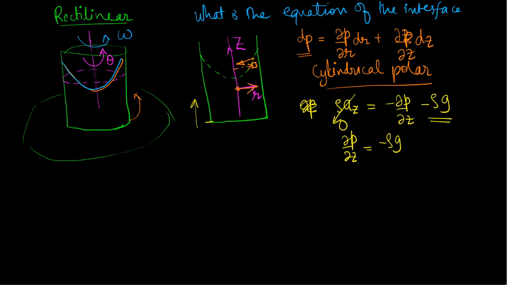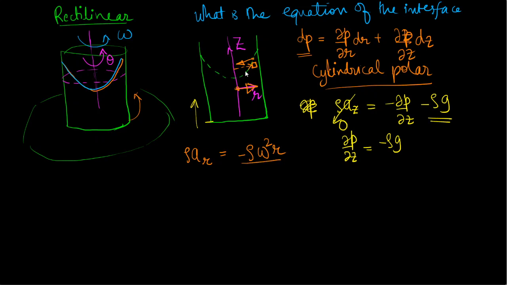So the radial direction is always pointing away from the beaker. So instead of that, it will be pointing inwards. So rho times ax, or rather, it will not be ax, it will be ar, is actually minus rho omega square r.